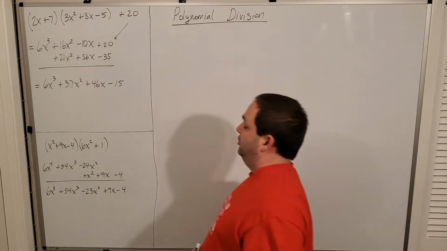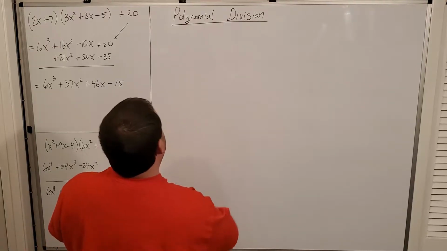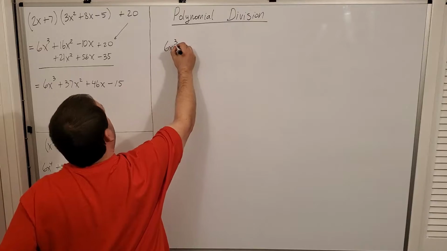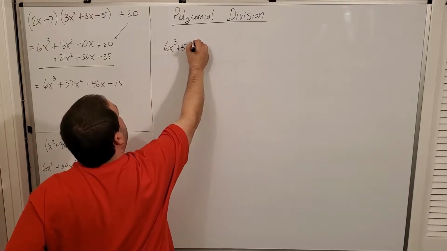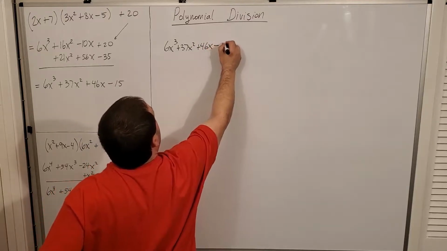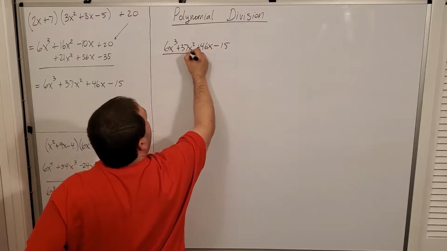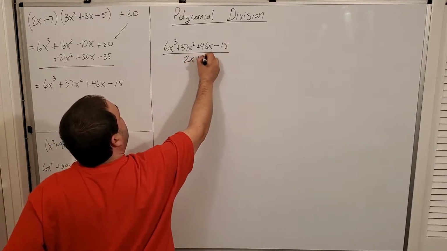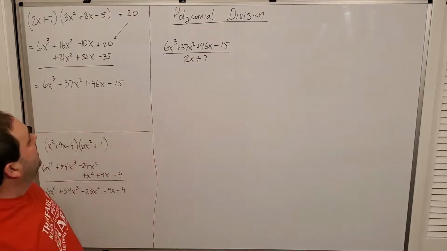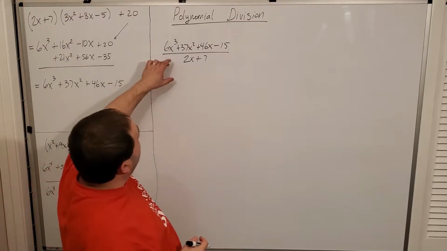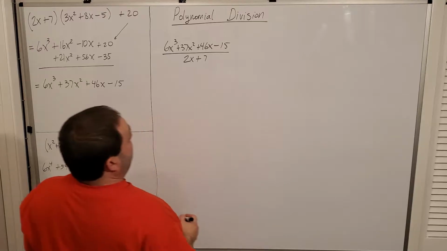So long division is when I take something like 6x cubed plus 37x squared plus 46x minus 15, and I'm dividing by, say, something like 2x plus 7, right? So I'm reversing this multiplication here. I'm going to do this division, long division.